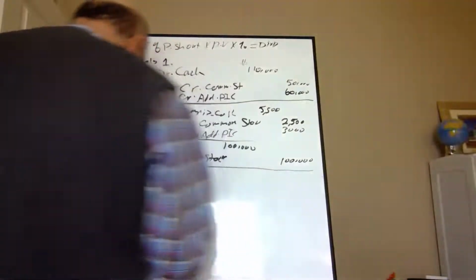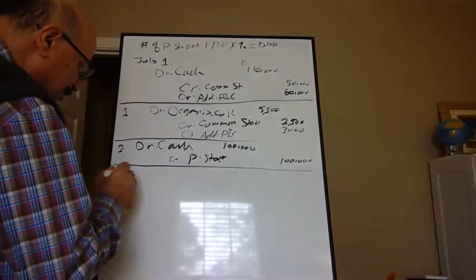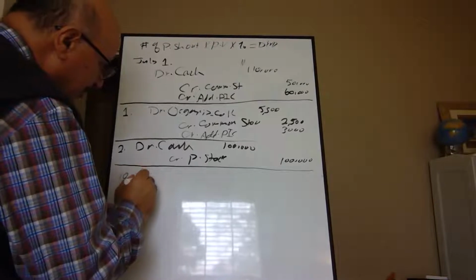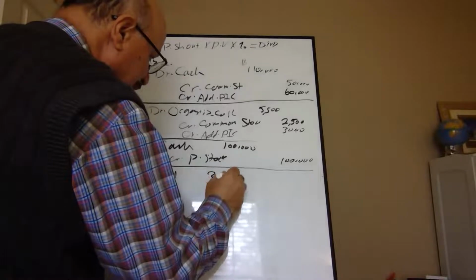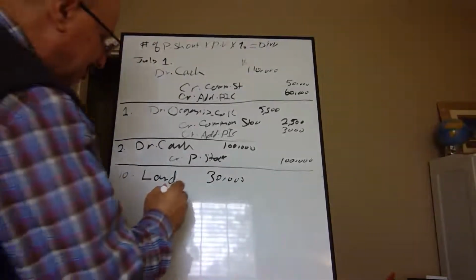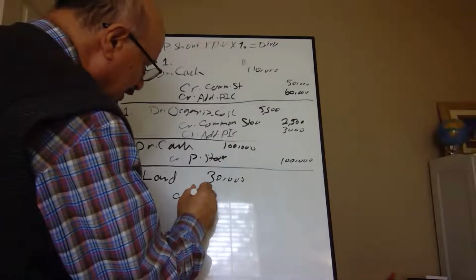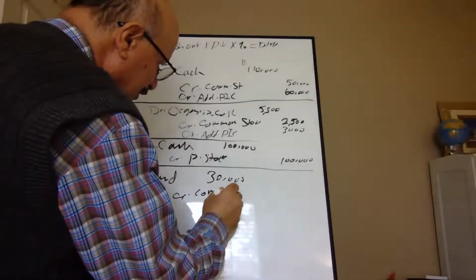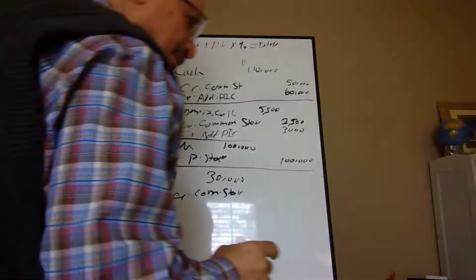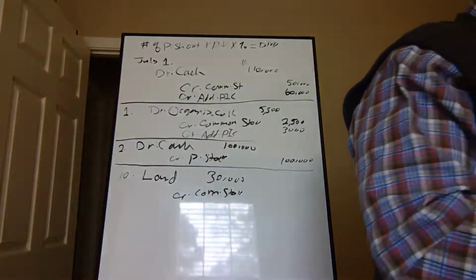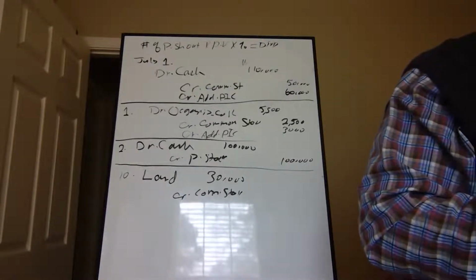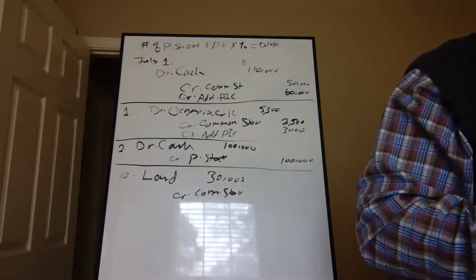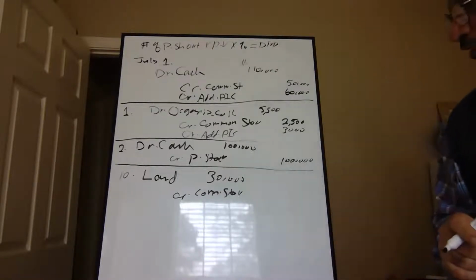So we're going to debit land on the 10th for $30,000, and we're going to credit common stock. Now, 2,500 shares times the par value of $5 is going to give us $12,500.